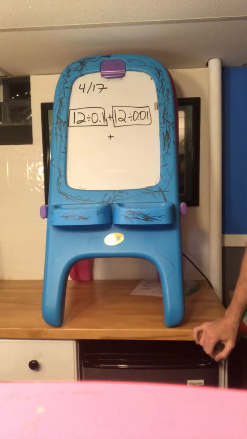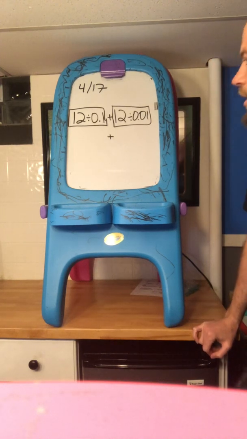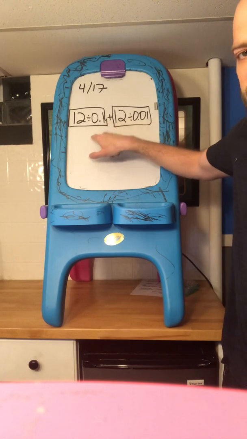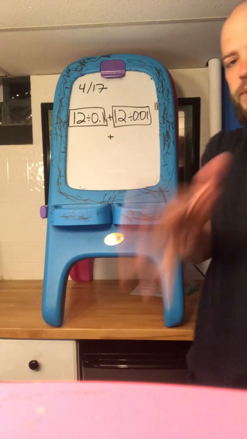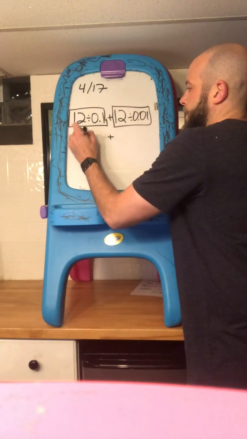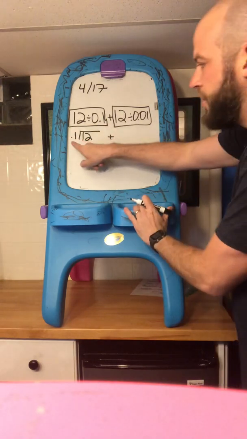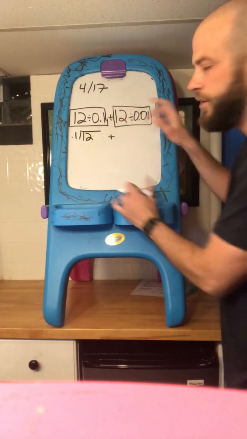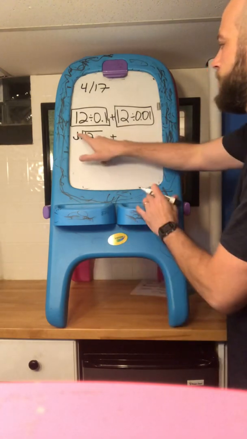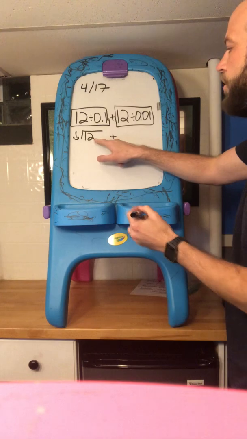Okay. So if you remember from studying this earlier in the year, whenever you divide anything by 1/10, something just happens to the decimal. If you didn't remember that, that's okay. 12 divided by 1/10. You're not allowed to have a decimal over there. So you move it over. If you move it over 1 time, you have to move this one over 1 time.